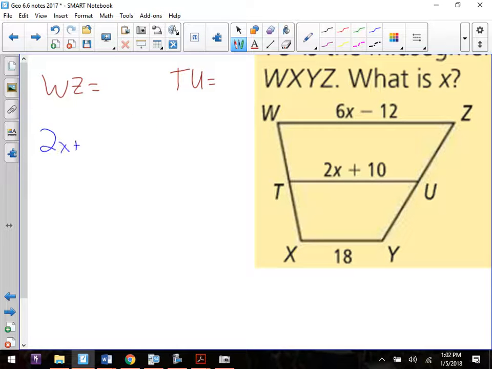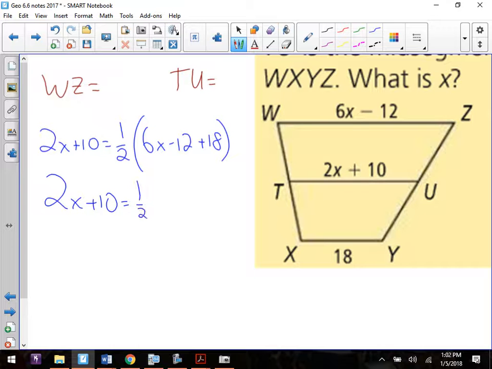So 2x and 10 is half of the other. And once again, we combine this up in the parentheses first. Yep, you get 6x plus 6. I know this is not one of those problems you can take half of without having to worry at all, just because they're even numbers.